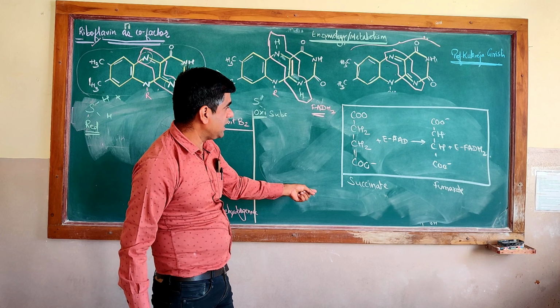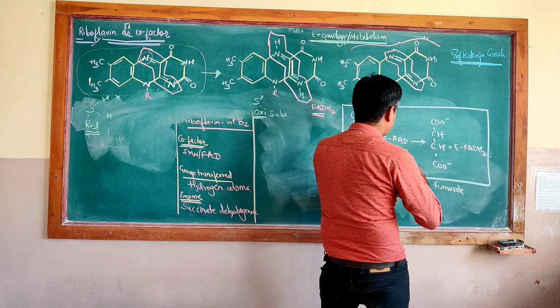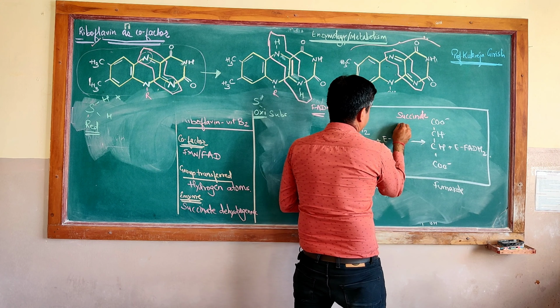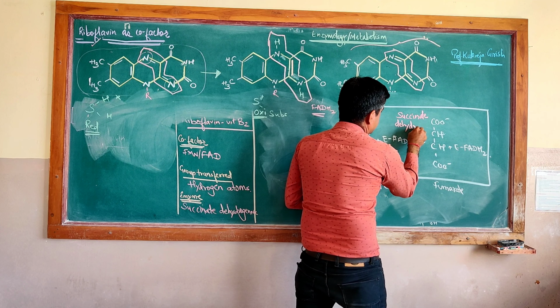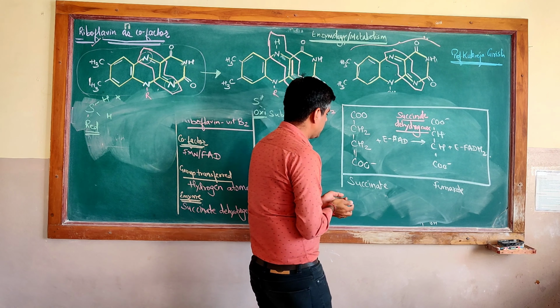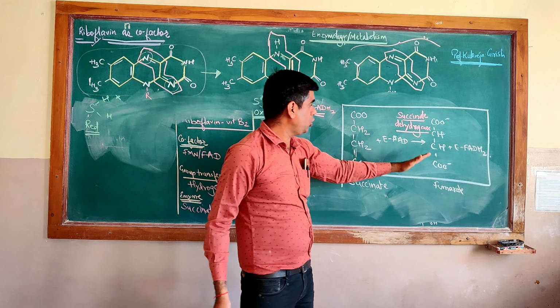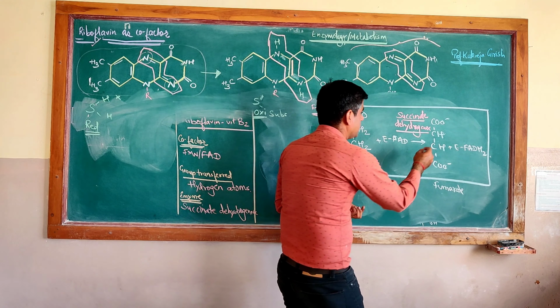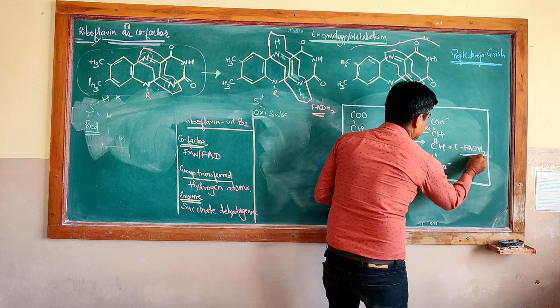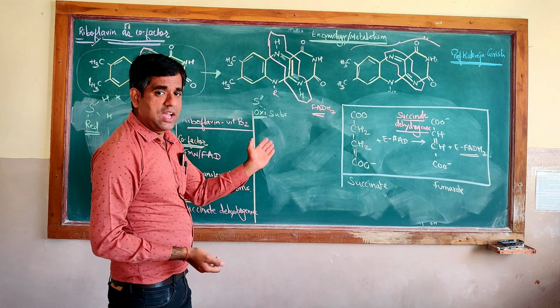So your succinate is oxidized to form fumarate in the presence of the enzyme succinate dehydrogenase. Succinate dehydrogenase converts your succinate into fumarate by introduction of a double bond here and removal of hydrogen atoms, which are accepted by FAD to form FADH2.